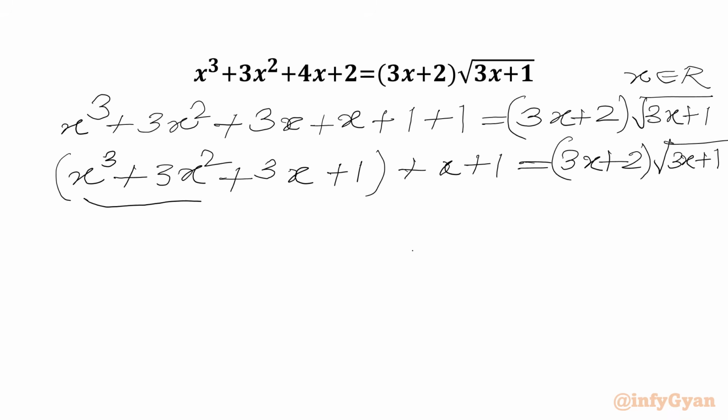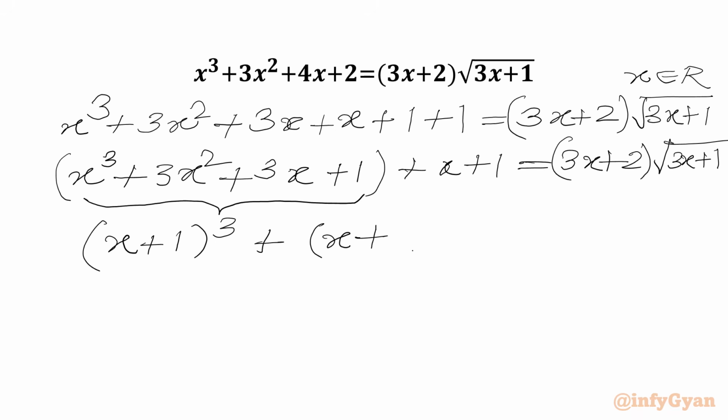Now this is x plus 1 whole cube. So we can write here x plus 1 whole cube, then plus x plus 1. And on the right hand side we'll write 3x plus 2 times square root of 3x plus 1.